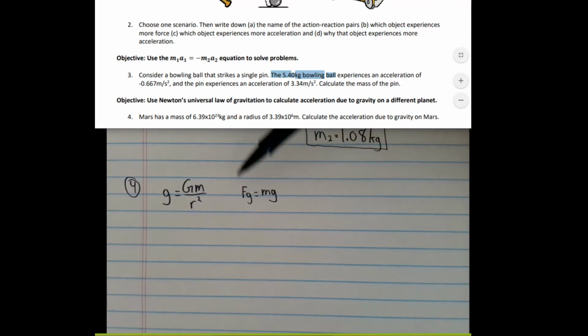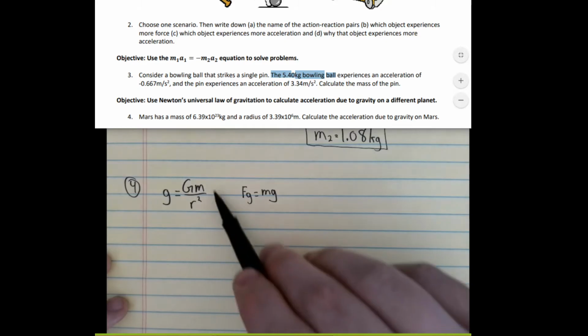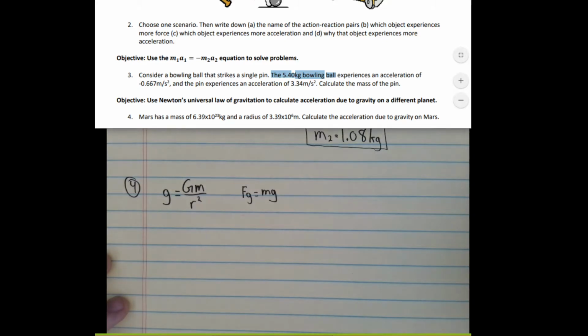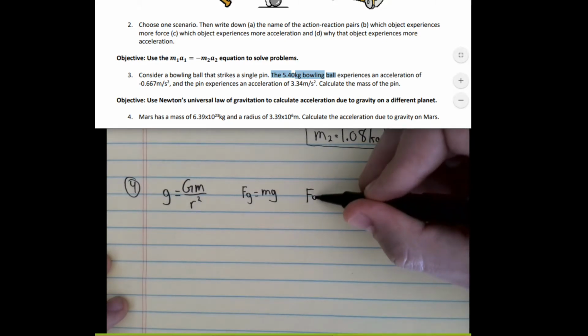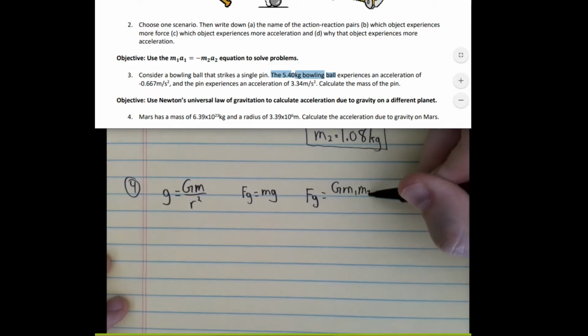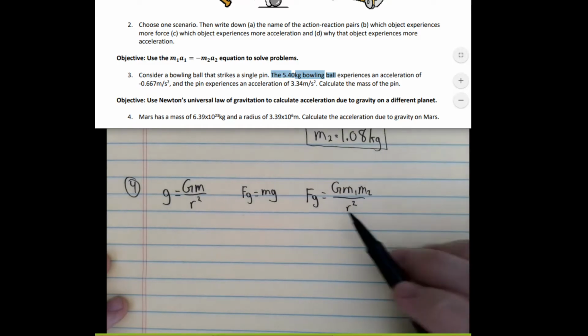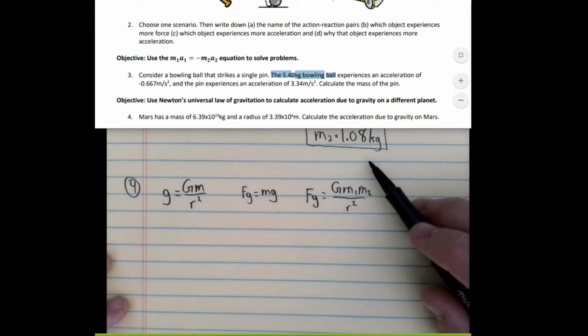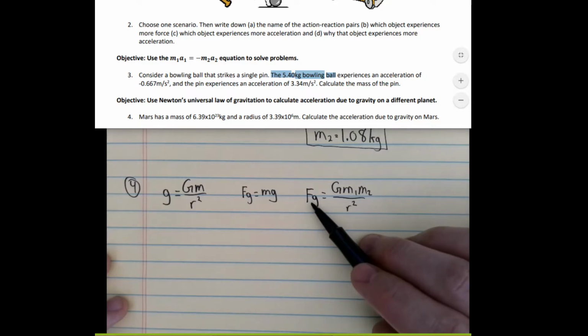All they give us is mass and radius. So I hope this equation jumps out at you for little g. Mass and radius also appear in this equation, so you might think that since mass and radius are given, you'd use this, but no, this is for gravitational force. So once again, we don't have Fg.